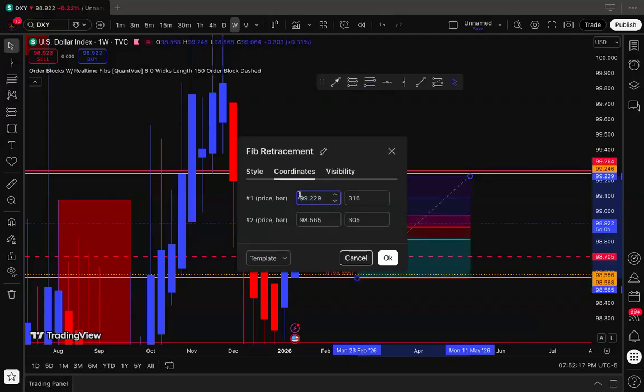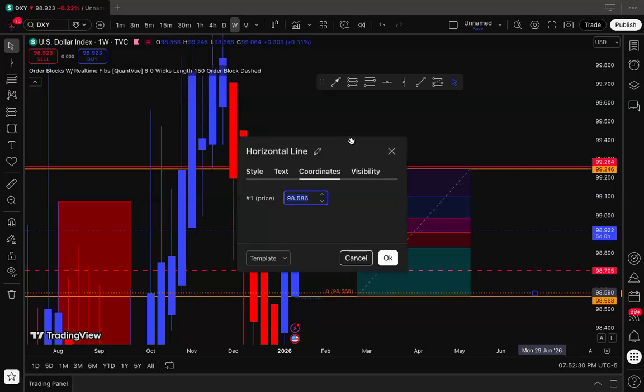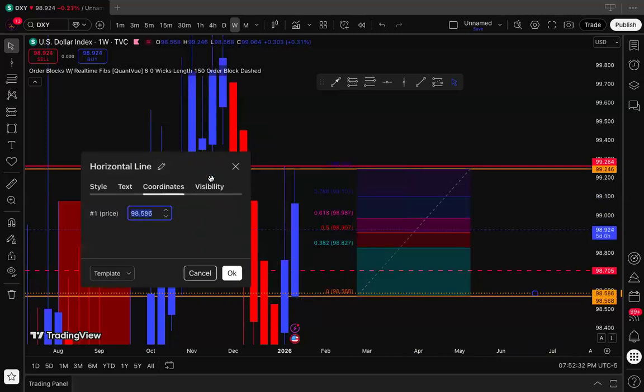The high 99.246. The low 98.568. Given a mid-month level of support of 98.907.